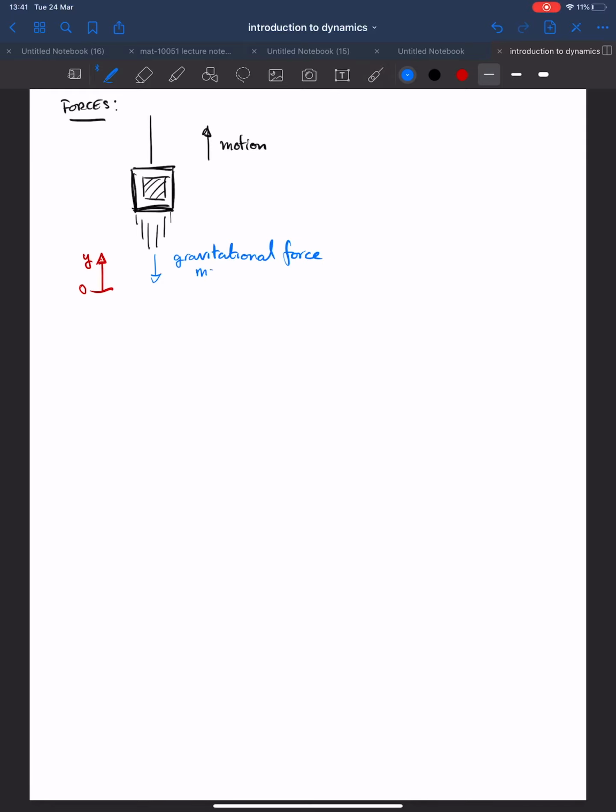Again, this has magnitude mg, which is greater than 0. And we'll need to select the sign for this when we build this vector. So this is, hang on, our vector representing gravitational force.